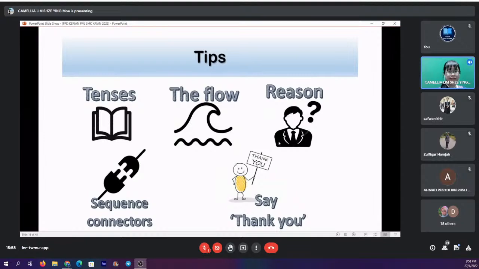So I have a few tips that I feel work for my students, because Mr. Kanga and myself are teaching intermediate students, most of them. Most of my students generally understand, so I hope these tips will help your students as well, teachers. In the first point here, tenses. What do I mean by tenses?